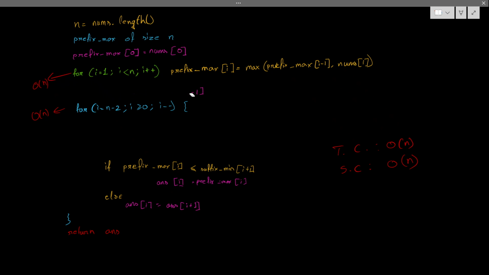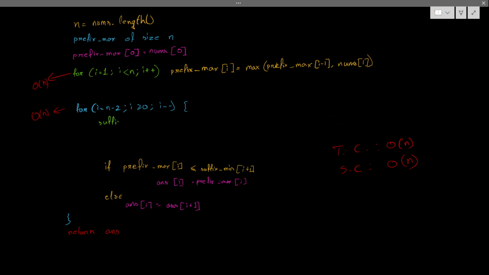Right now I need the suffix min, because in this place I am using suffix min. And suffix min I can calculate actually. Let me write it as suffix min as a number.